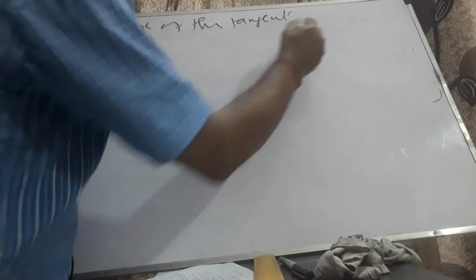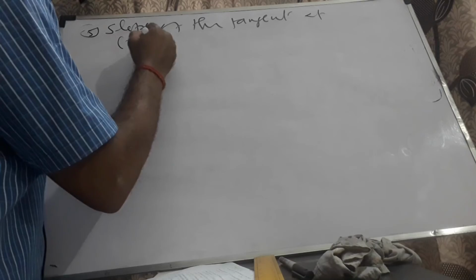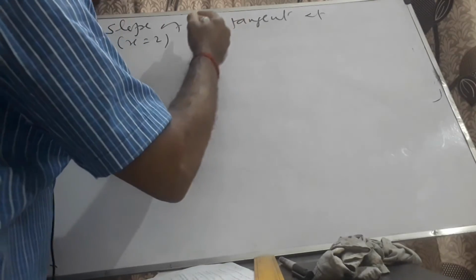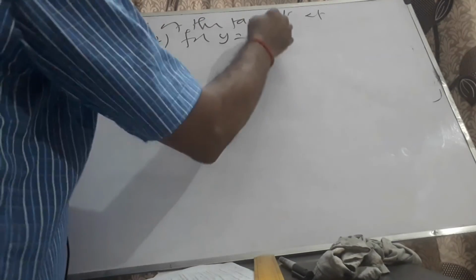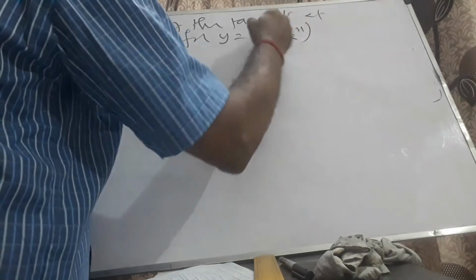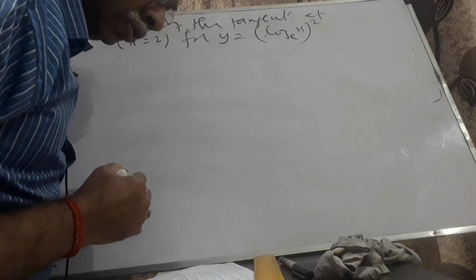Okay. Now, question number 5. It goes like this. Slope of the tangent at x equal to 2 for y is equal to log x to the base e the whole square.